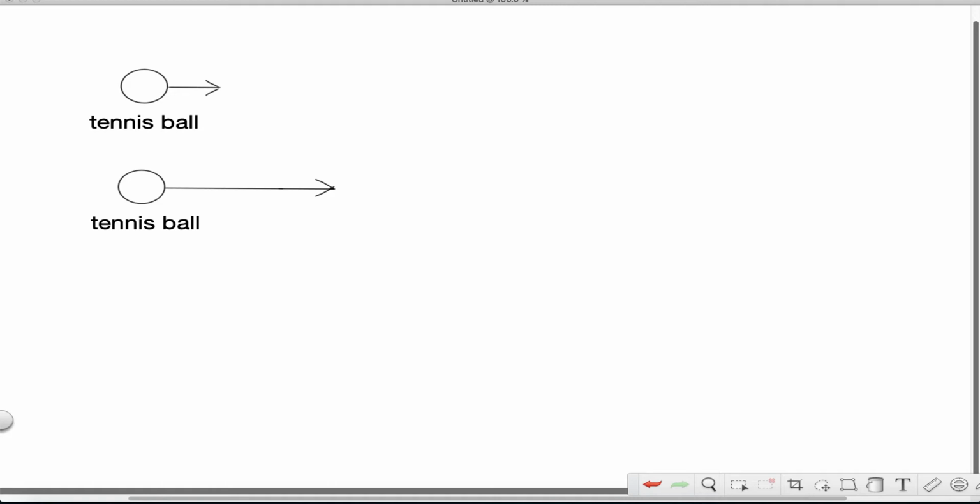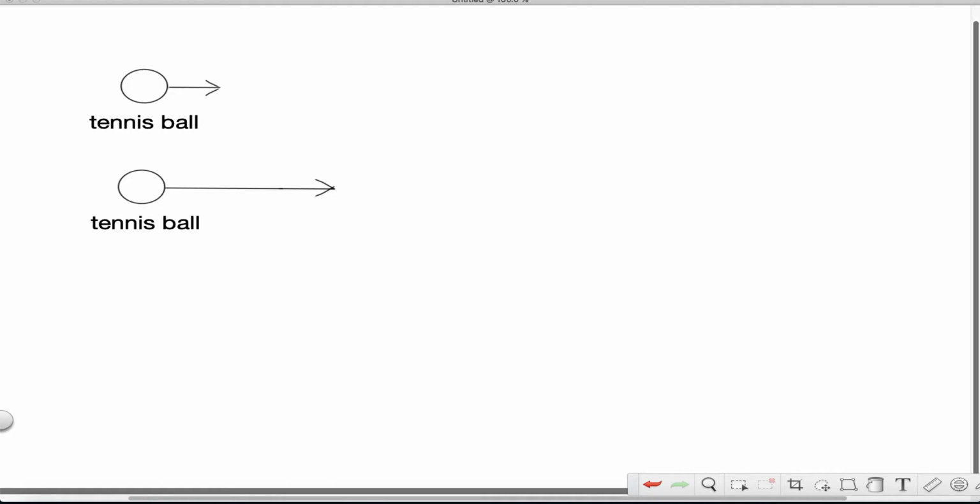So, let's consider two masses. Let's say these two masses are the same. Let's say they're both tennis balls, moving with different velocities.